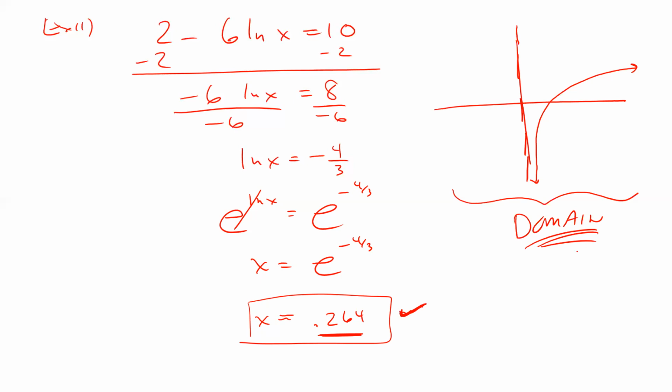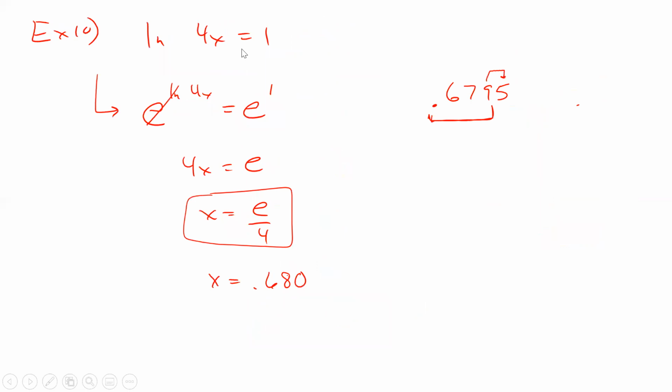So real quick, if we're to plug in 0.264, we just make sure that when we're taking the log of something or ln of something, we're taking it of a positive number. So punch in 0.264 there. Are we taking log of a positive number? Yeah, we're good. Let's go back to example number 10.